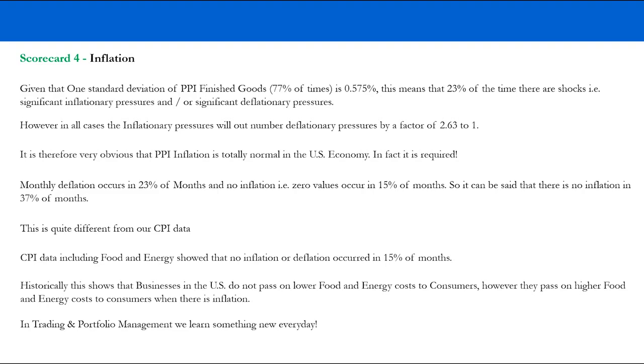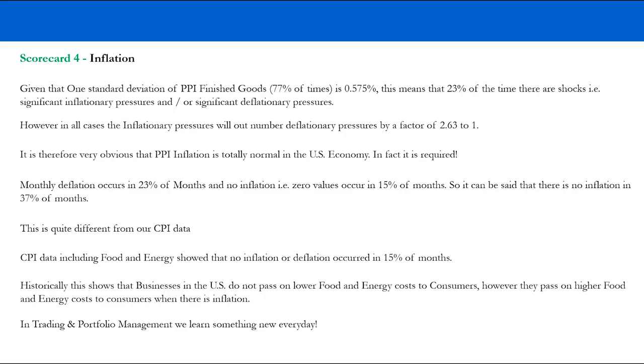So when we compare the data historically, otherwise lower prices would have been passed on to the consumer. And we would see that in 37% of months, the CPI data, including food and energy, would actually have no inflation or deflation. So we can see a little bit of a difference here, which is quite interesting.